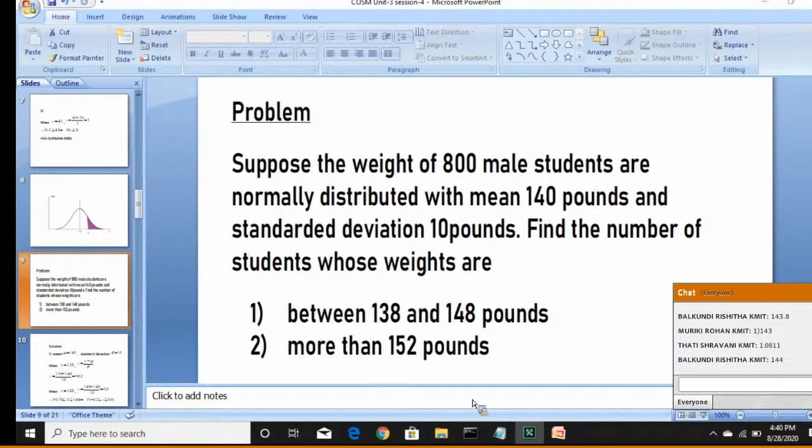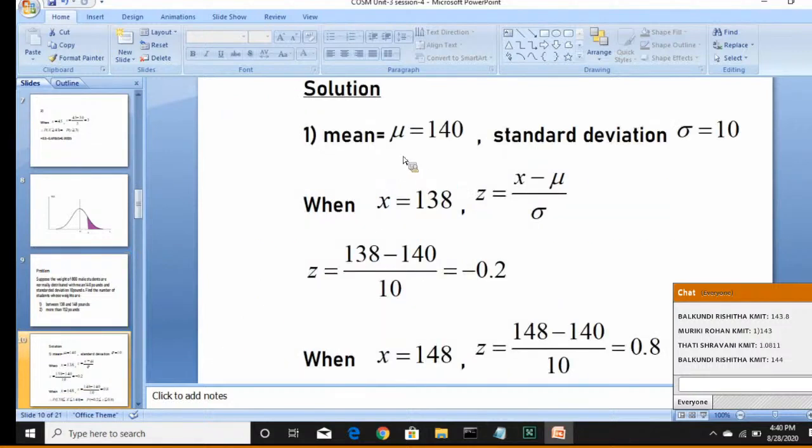How many of you are able to do it? Now, I am showing those who are not able to do, see and do it. Mu is 140 and sigma is 10. Standard deviation is 10. Probability of 138 less than or equal to x less than or equal to 148 we want to find out.